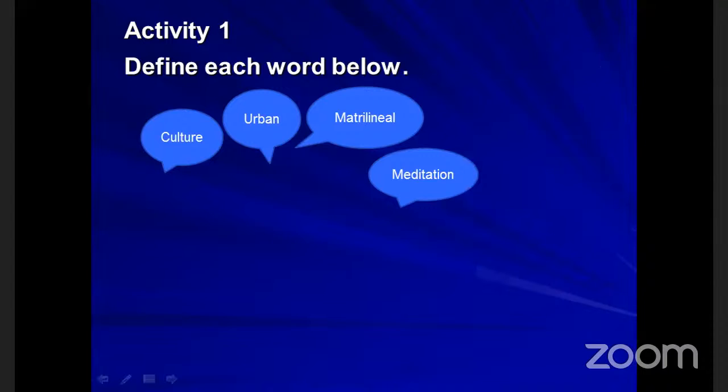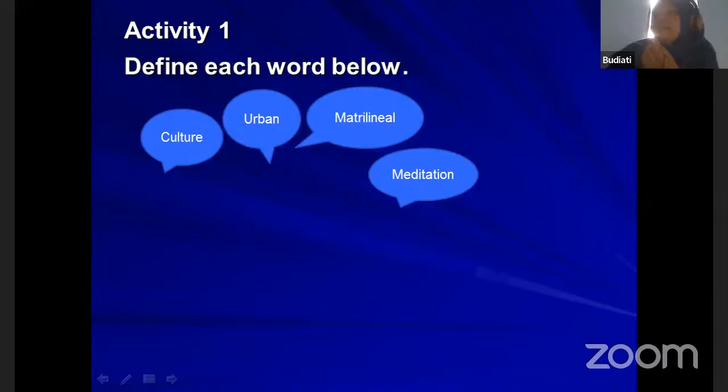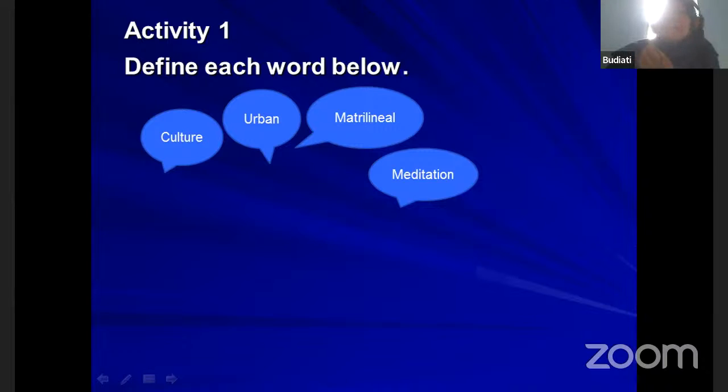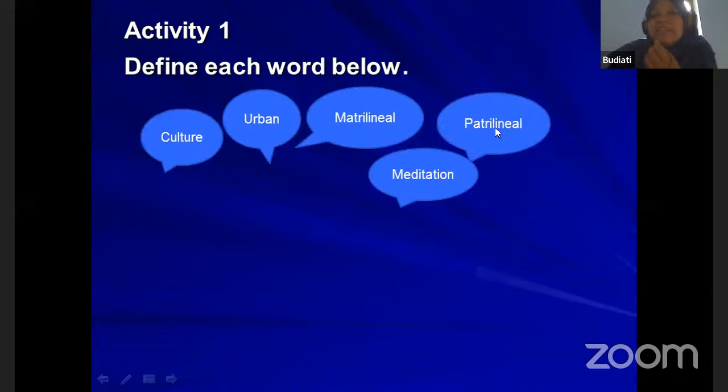Meditation is a calming down somewhere. Calming down somewhere by? Yeah, usually by taking a bit alone and then try to release all what the people thinking about. Yeah, melepaskan semua yang di pikiran. This is meditation.